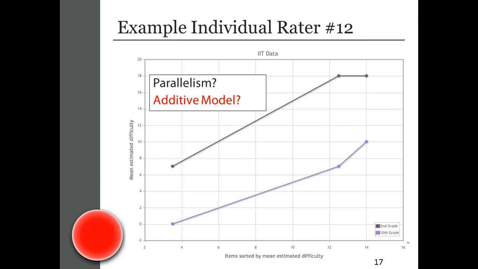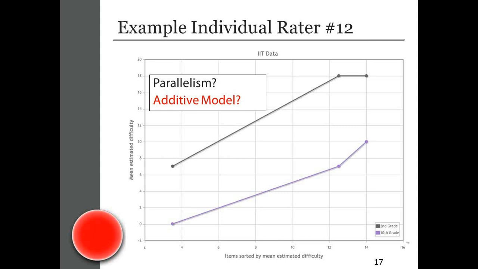And the points near midway but to the right are a square root item. And the line on the top is for 2nd graders, and those would be viewed as more difficult items for those individuals. And the purple line below is for 10th graders. So that's rater number 12.